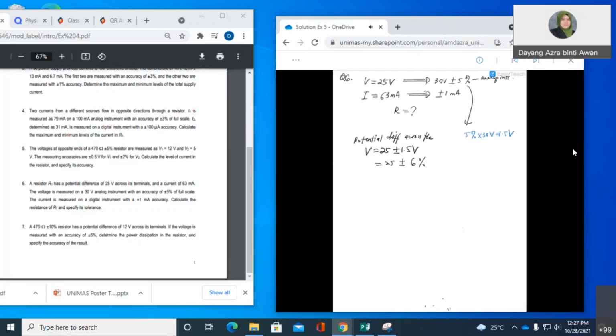From here, if you want to illustrate it in a circuit diagram, your circuit will be something like this.